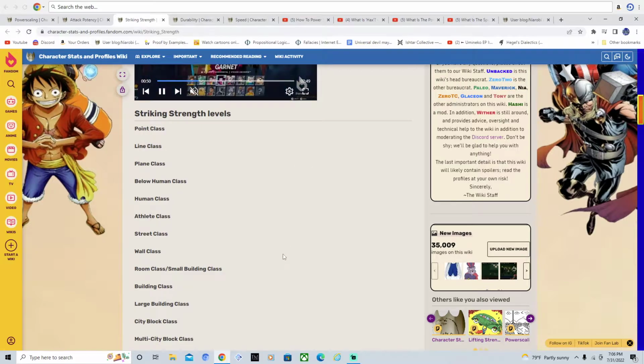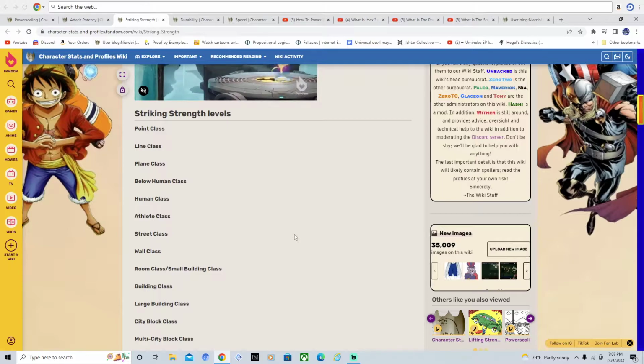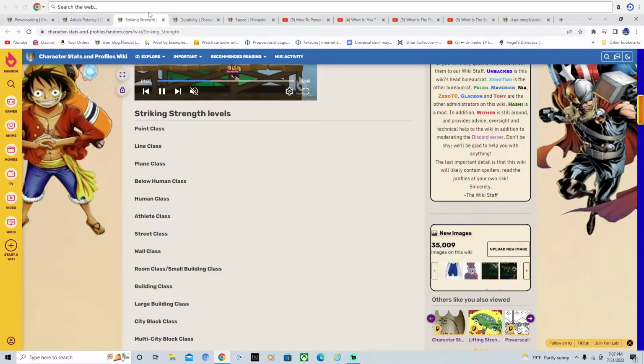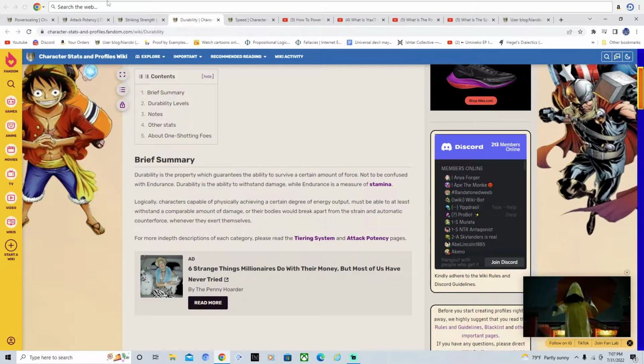We're able to see that this building destroyer is able to punch another building destroyer. And this building destroyer is not even being phased whatsoever by this dude that can output 2 tons of energy. So we know that the person who's being hit with the guy with the 2-ton AP has a durability of 2 tons or higher.